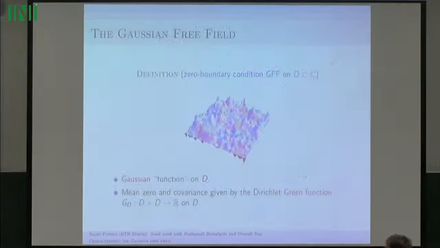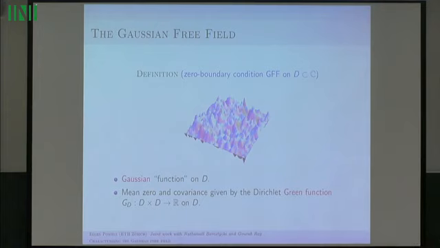Okay, so I'm sure no one really needs to see this, but I'll just use it to fix some notation. I'm always going to be working with a Gaussian free field in some arbitrary simply connected domain with zero boundary conditions. So how would we like to imagine this? We maybe want to think about it as a Gaussian field on the simply connected domain D, which is a random Gaussian function which is centered and has a given covariance structure.